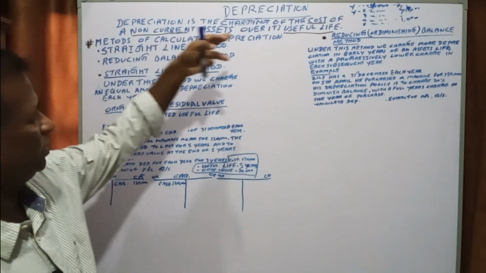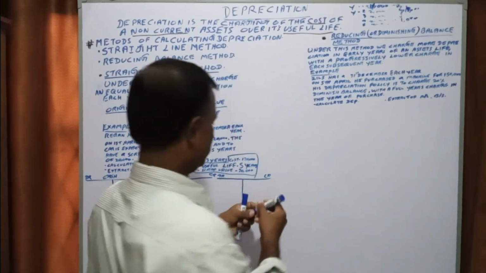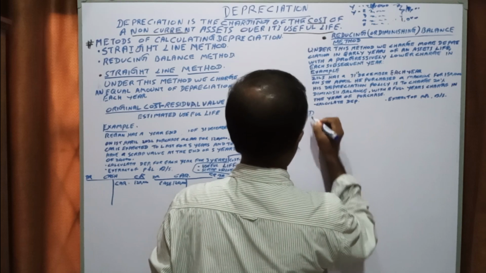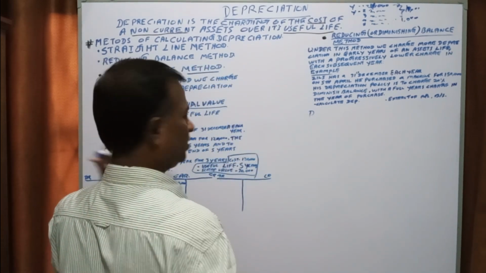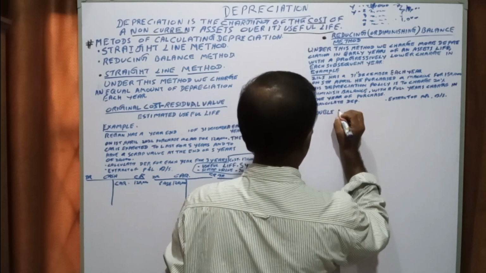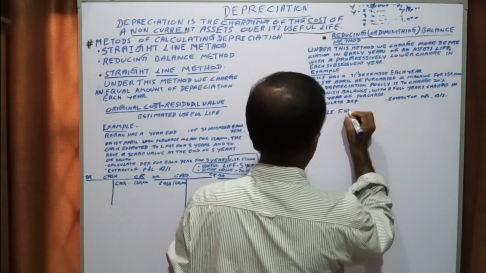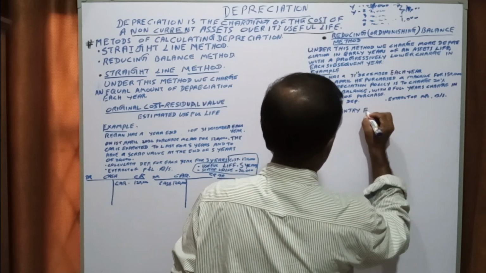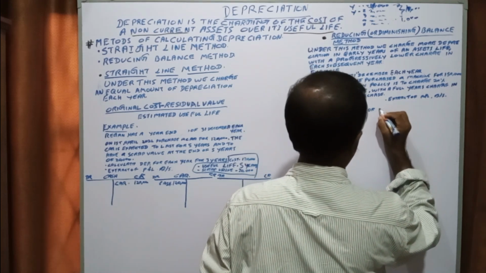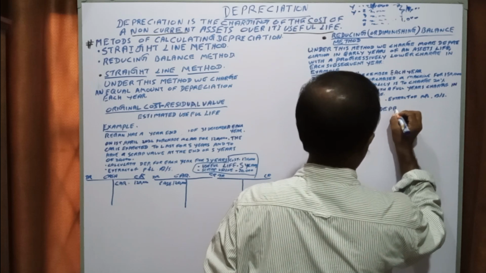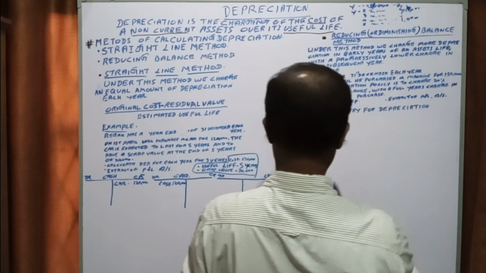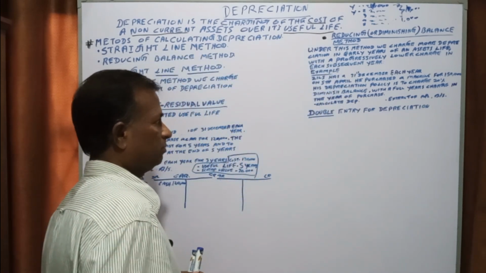We have seen methods of depreciation, and here I will show the double entry for the depreciation, then we will come to the question.